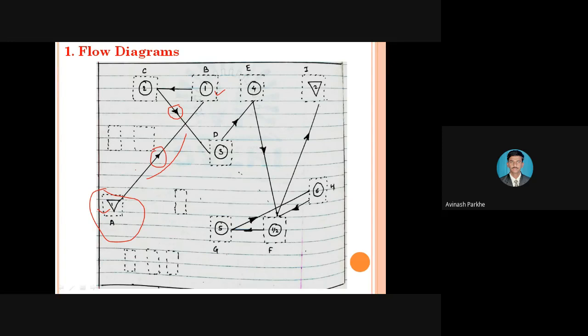Also, in this flow diagram, sometimes there may be some storage. Then whatever operations we are performing are represented by this circle, and in that circle the numbers are given. That number indicates operation number 1, operation number 2, operation number 3, operation number 4.